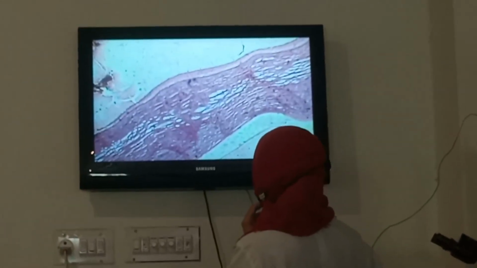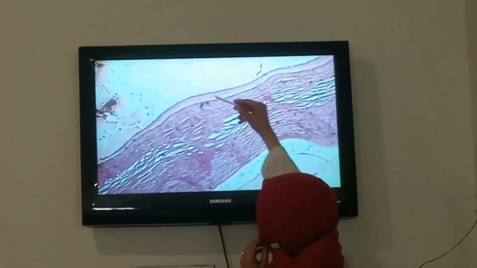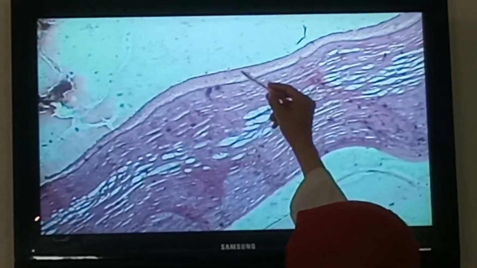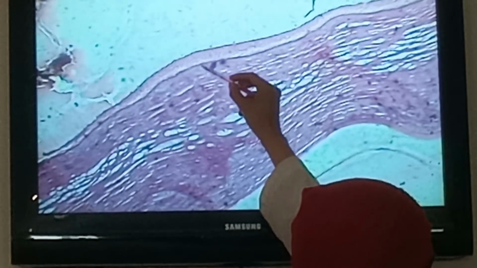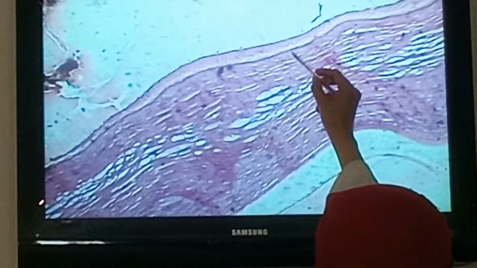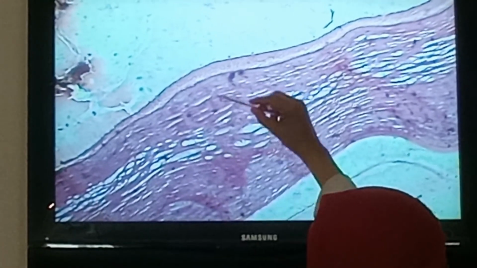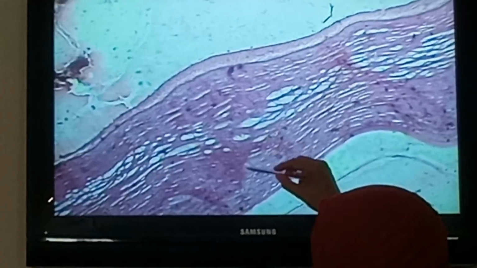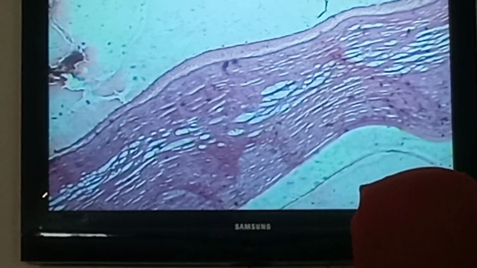So here from outwards towards inner side, first you get the corneal epithelium, right? Then next to it, the Bowman's membrane or anterior limiting membrane acting as a basement membrane to this epithelium. Then you can see these collagen bundles in the corneal stroma, right?